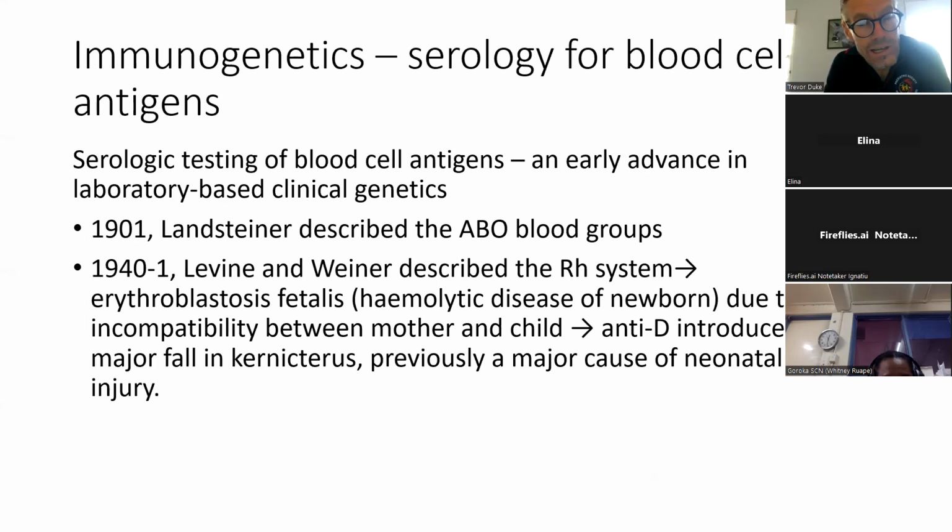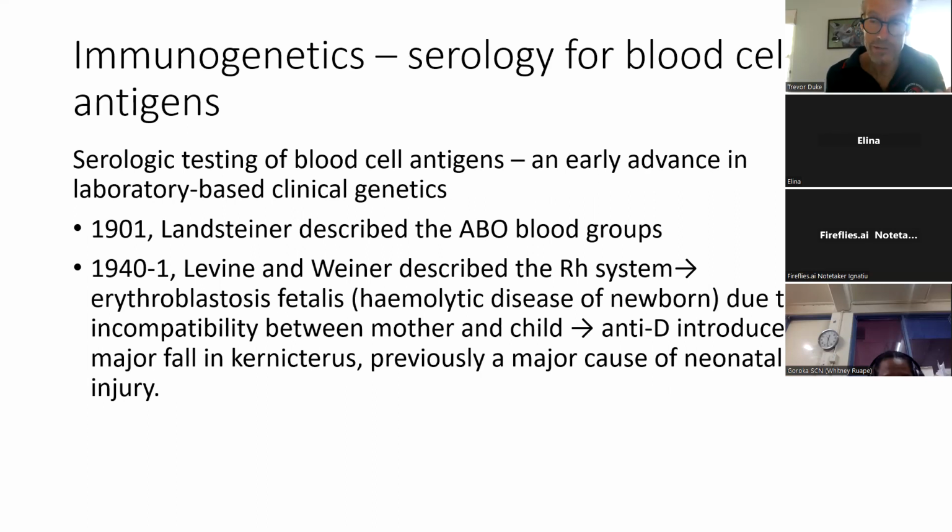I mentioned at the start that I described very briefly immunogenetics, and that's really just identifying antigen and antibody markers, and the antigens are on blood cells, so white blood cells or red blood cells. As I said, the earliest types were the identification of the ABO blood groups, and around about that same time, the Rh blood groups as well.